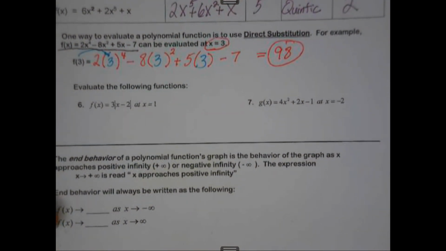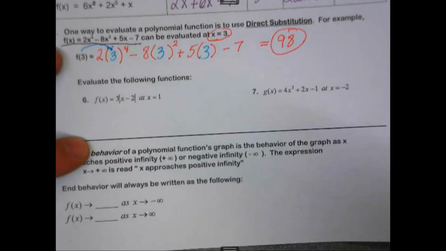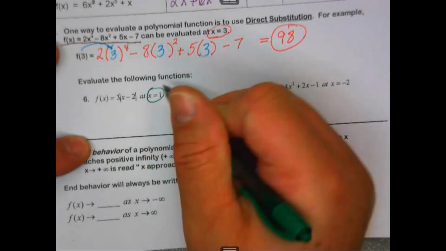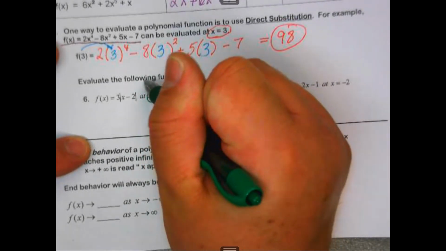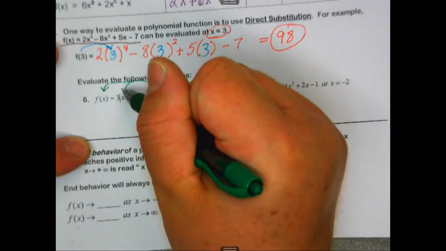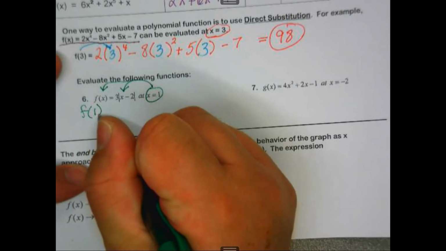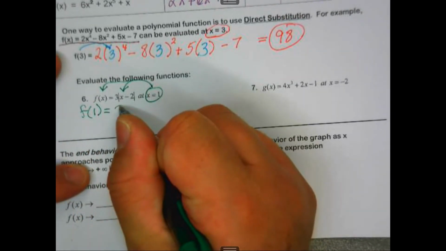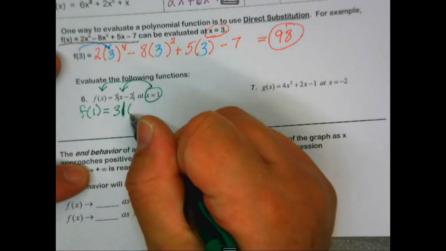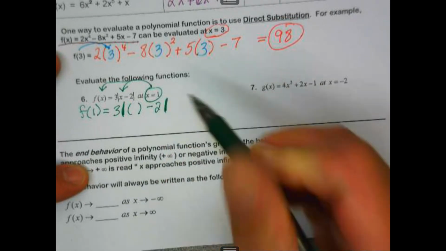Okay, number 6 says evaluate the following functions. Here, this one is 1. So wherever I see an x, even in the notation, I'm going to plug in a 1. So the f of 1 equals 3 times the absolute value of x minus 2, absolute value.